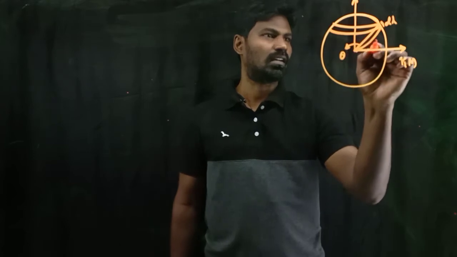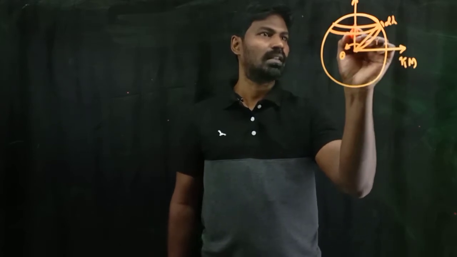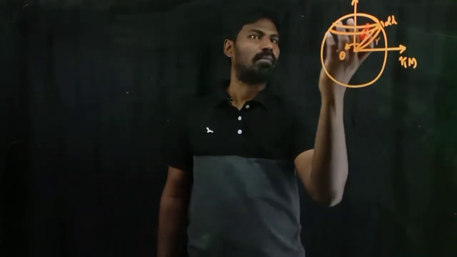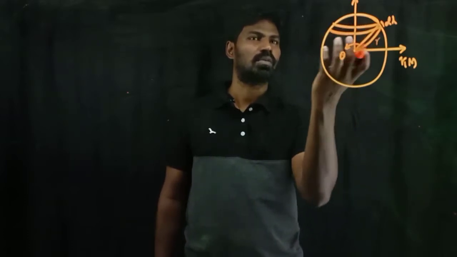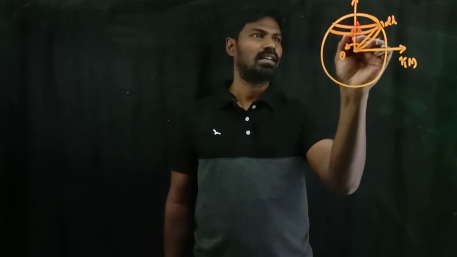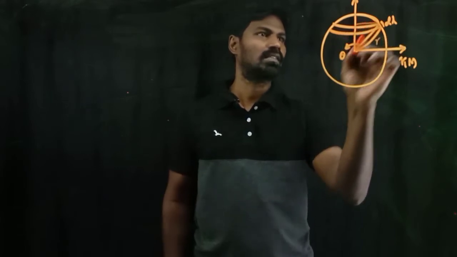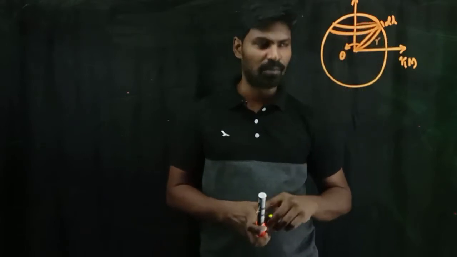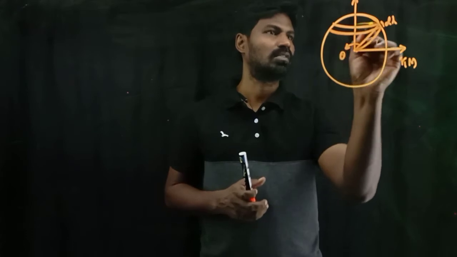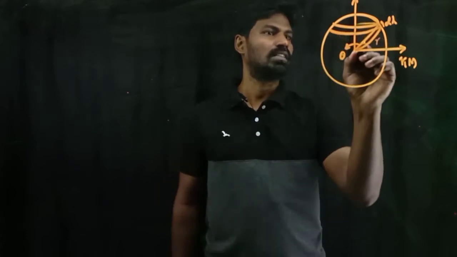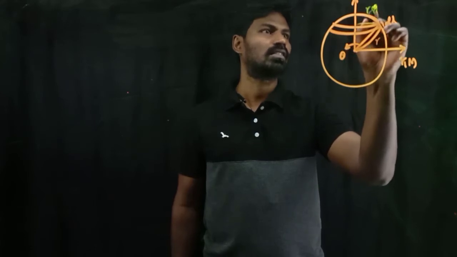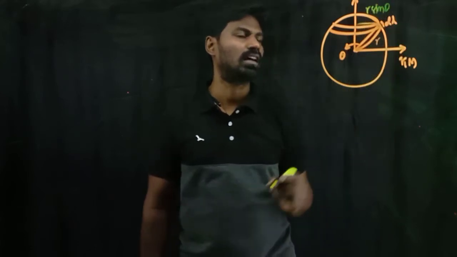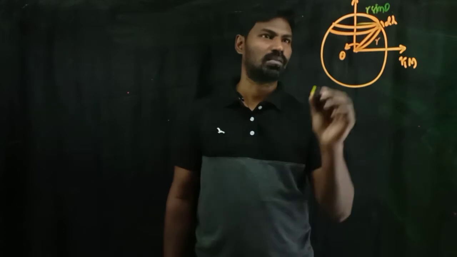If r is the radius of the sphere, then if you rotate this sphere about the z-axis, this circular strip will rotate about the z-axis. Then the radius of this circular strip is given by this distance from here to here. If this is r, this adjacent side is r cos theta, the opposite side is r sin theta. r sin theta is the radius of this circular strip.